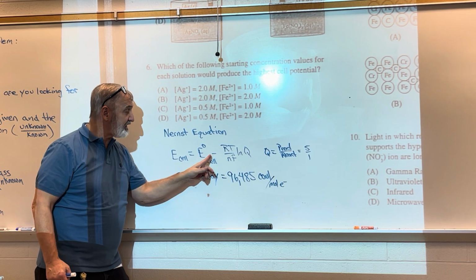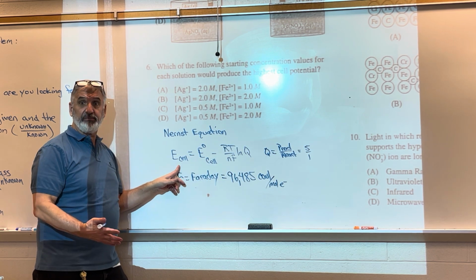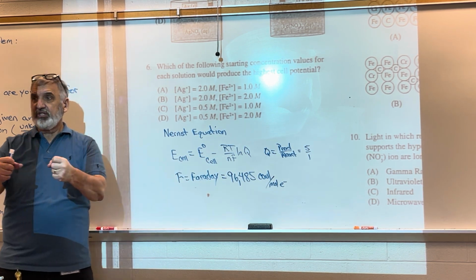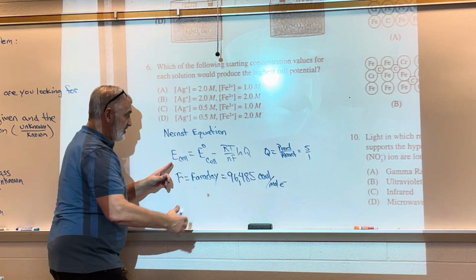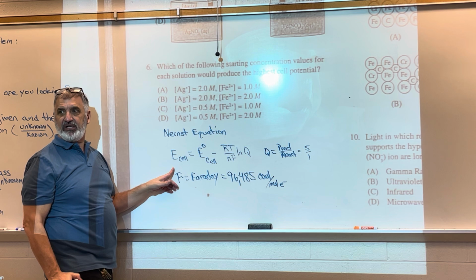When batteries start getting used, and they go from reactants to products, as you get more and more products, does the voltage of your battery go up or down? It goes down. So as products increase, your cell potential goes down.